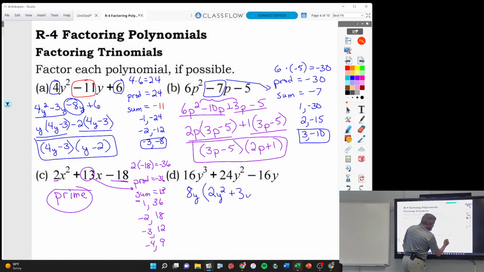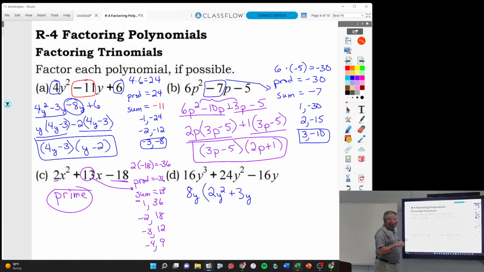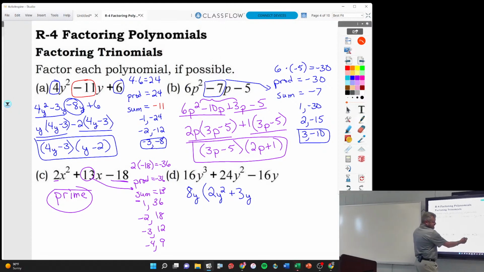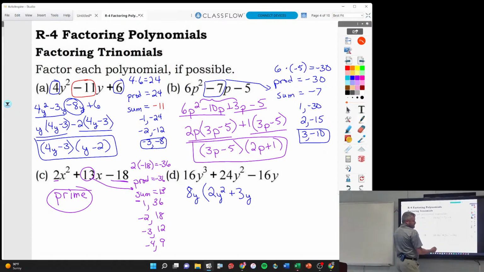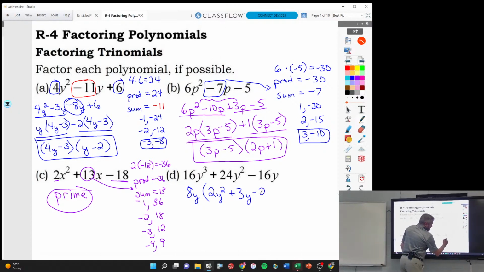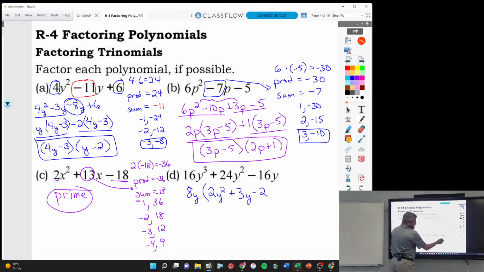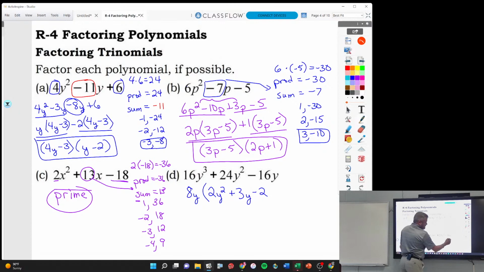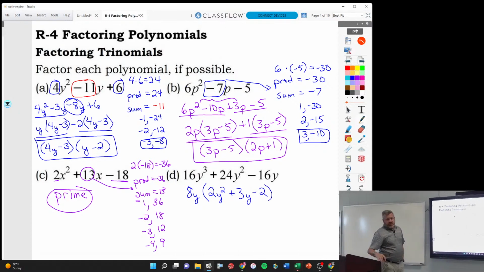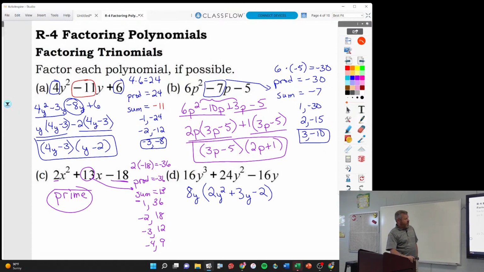And y times y is y squared. If I take an 8y out of a negative 16y, I have a negative 2. 8 times negative 2 is negative 16. Y, I don't need another one, so I'm not going to put another y on there. And there we go. I factored out an 8y.